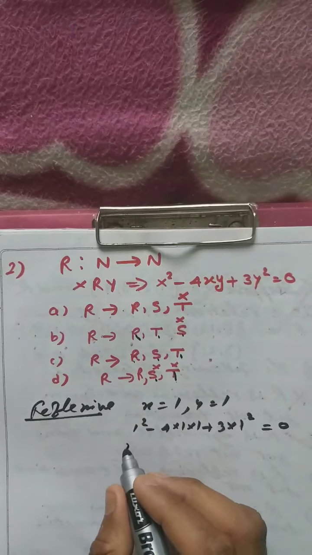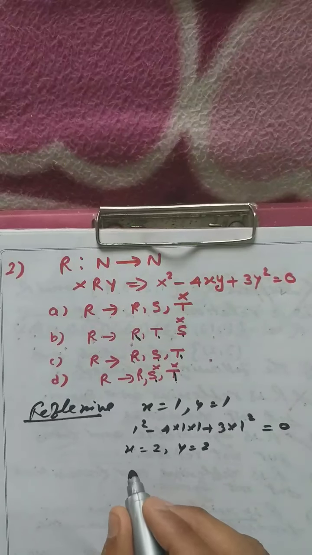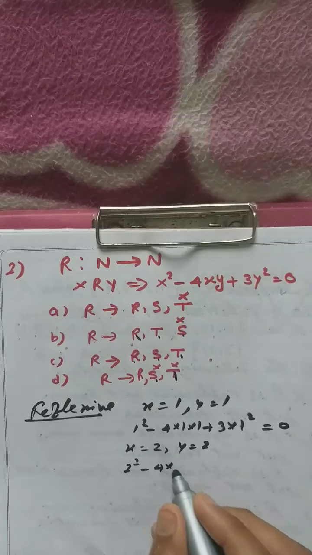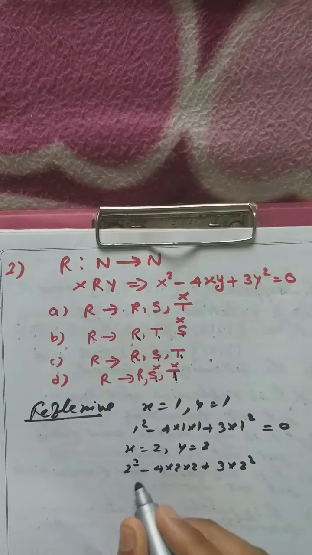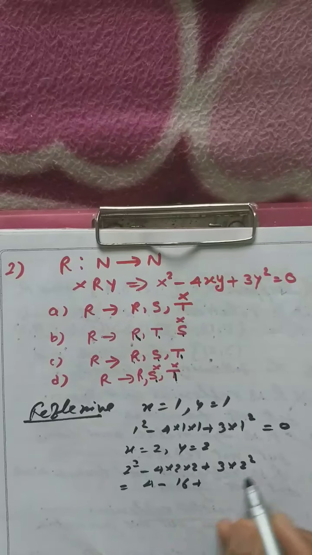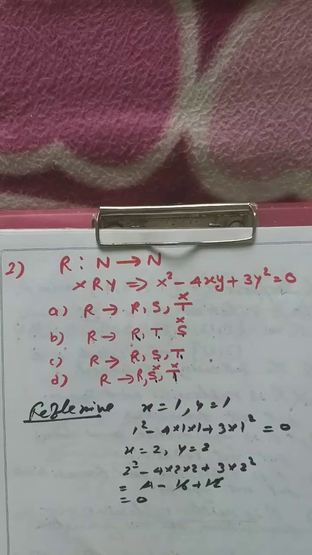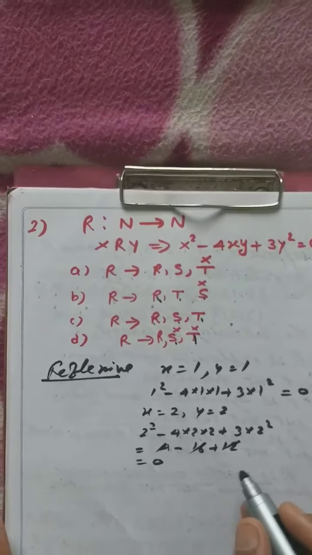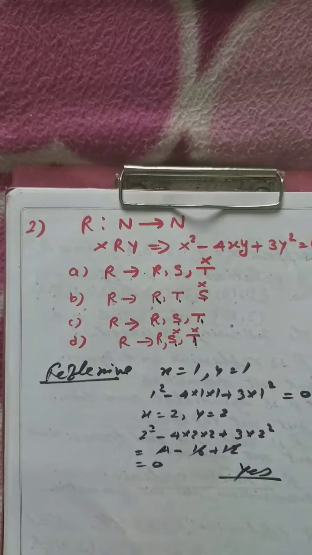Same way, if I put x equals 2, y equals 2, it means 2 square minus 4 into 2 into 2 plus 3 into 2 square equals 4 minus 16 plus 12 equals 16 minus 16 equals 0. Hence, it indicates that the given relation is reflexive.